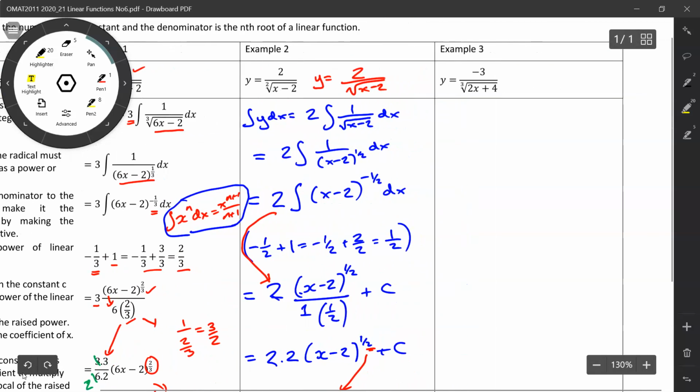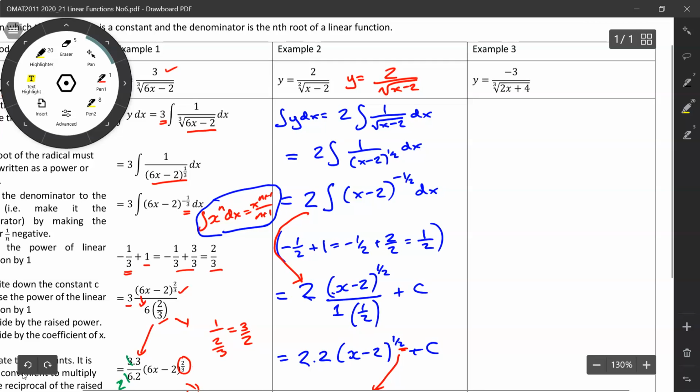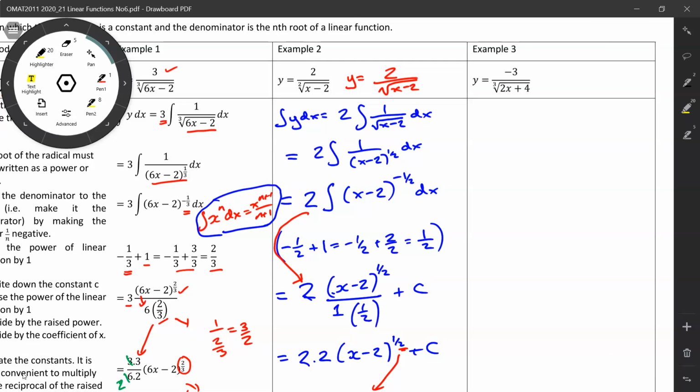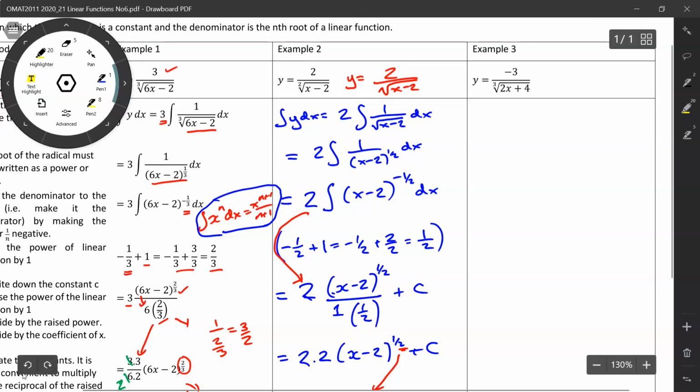If I move up to here, it's not that much more difficult, but following the procedures again, and following the method again, the integral of y dx is equal to minus 3 times the integral, so I bring the constant outside, 1 over the cube root of 2x plus 4.